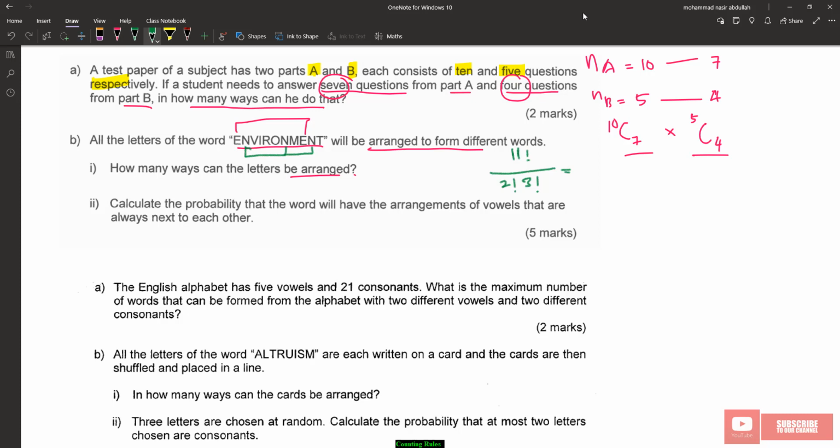Sorry, this is quite big. You got the same answer. To arrange the word environment, we have 3,326,400 ways without any condition.